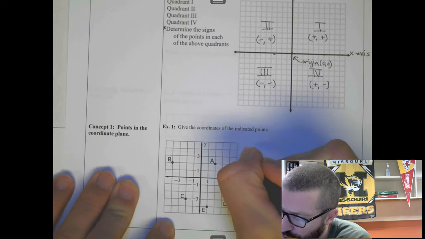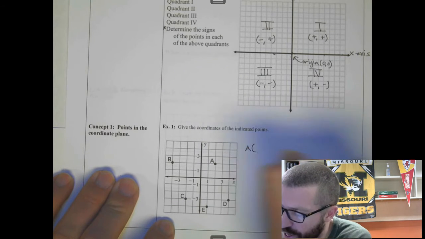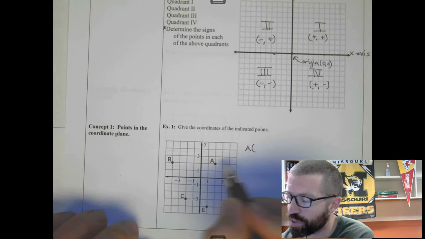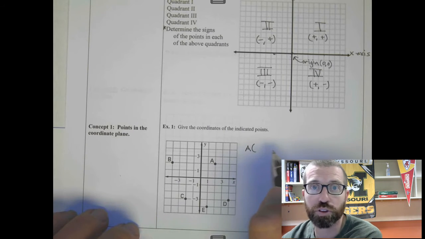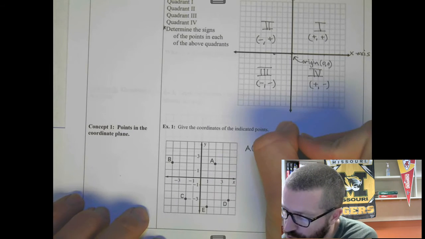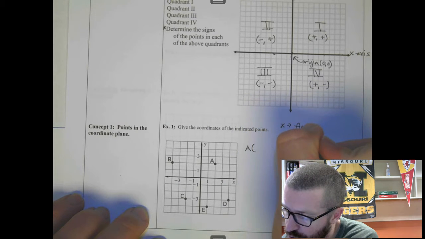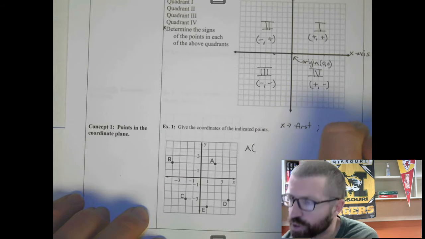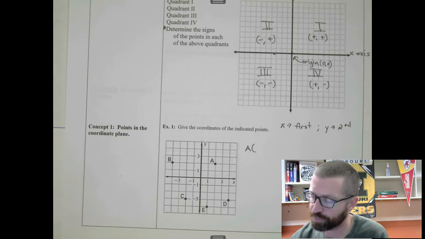When you do this, typically you just write A, the name of the point, and then in parentheses the coordinates of the point. And remember, x is first, and then y. So y is second. First x, then y.